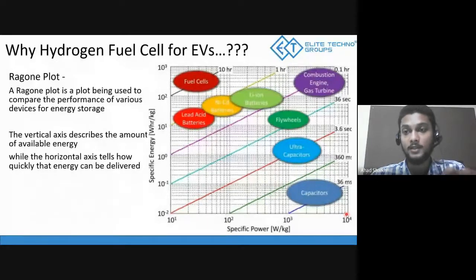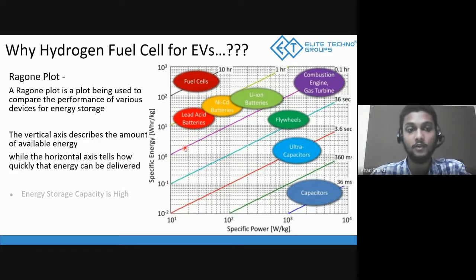So considering the extreme positions here, whichever device comes in this corner would be most suitable for the application. We'll try to find out why the fuel cell could be the choice of energy storage device for electric vehicles.